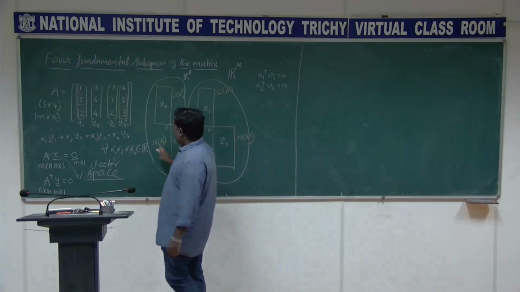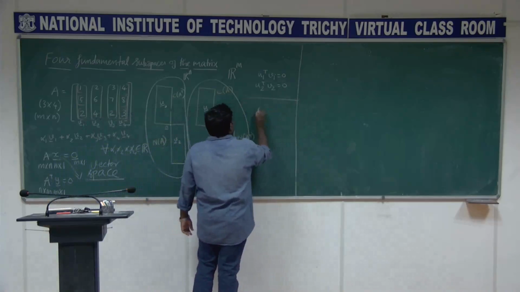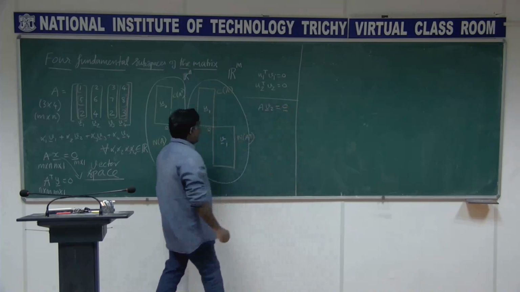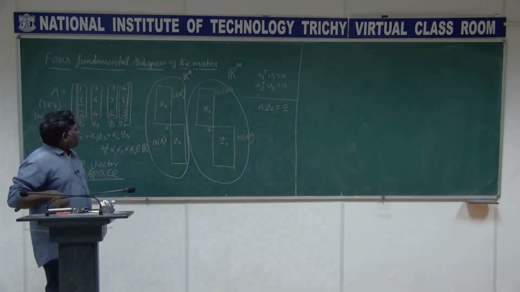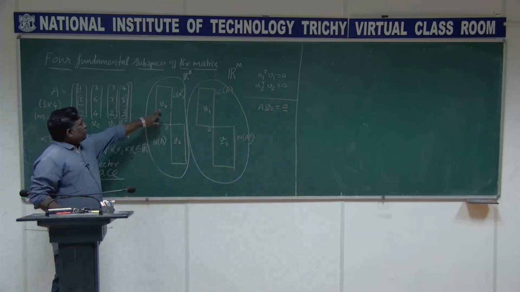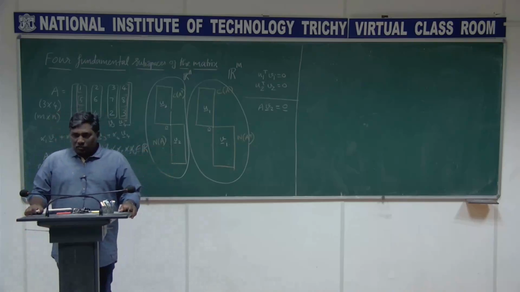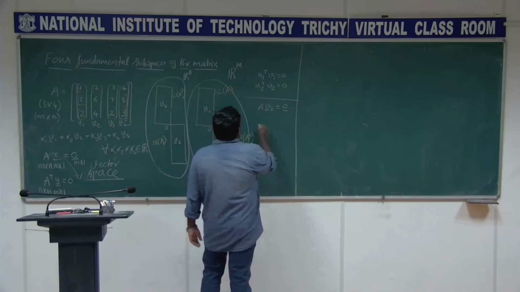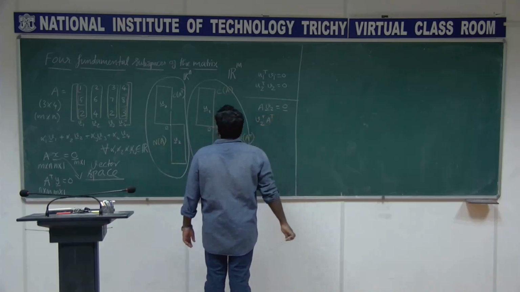So v2 is in the null space of A, right? So I can write it as what? A v2 is what? 0. This is granted because v2 is in the null space of A. What we need to prove is, we need to prove u2 transpose v2 is going to be what? 0, is it? Right? So if I consider v2 transpose A transpose here, right?